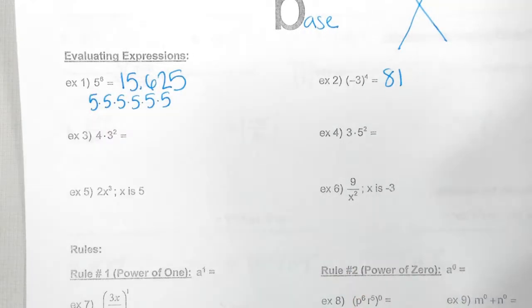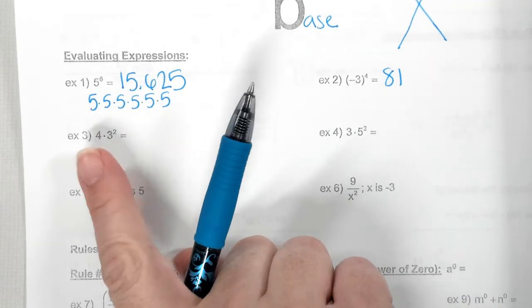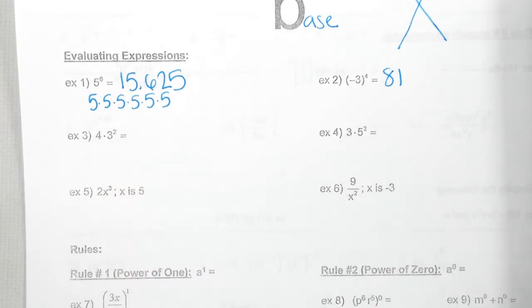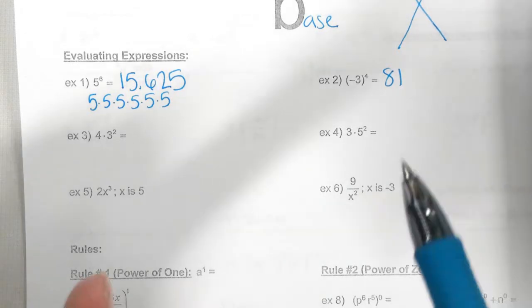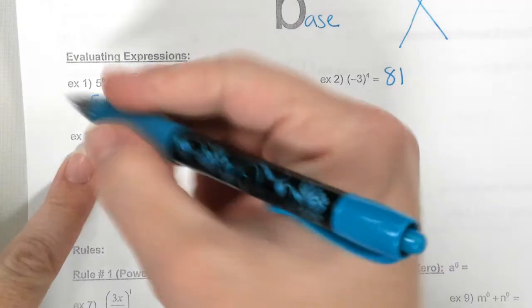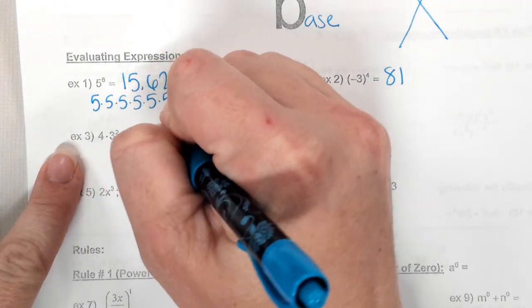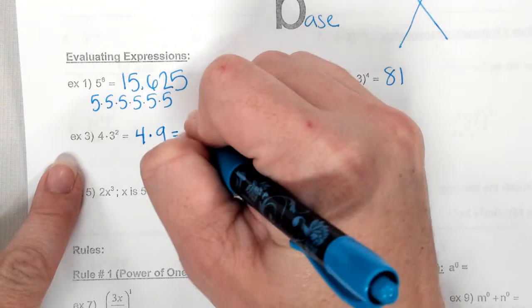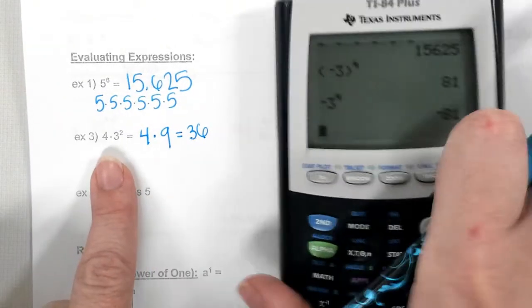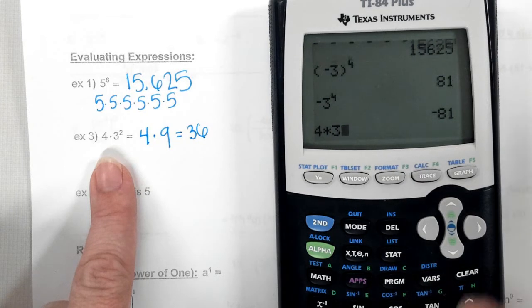Cool. Okay, here. What should you do first? Should you multiply 4 times 3 or do 3 squared? 3 squared, because PEMDAS: parentheses, exponents, multiplication, division, okay? So what is 3 squared? 9. And what's 4 times 9? Now, could we have just typed that in the calculator just the way we saw it, 4 times 3 squared?